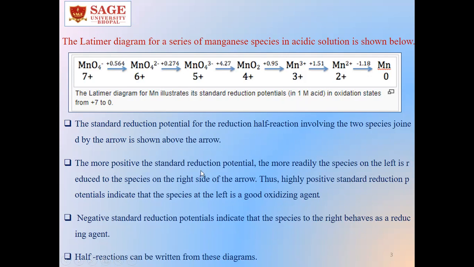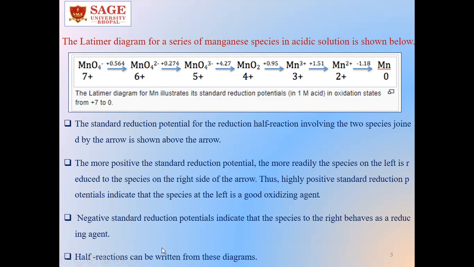The more positive the standard reduction potential, the more readily the species on the left is reduced to the species on the right side of the arrow. Thus, highly positive standard reduction potentials indicate that the species at the left is a good oxidizing agent. This will be clear from this diagram. Negative standard reduction potential indicates that the species to the right behaves as a reducing agent.